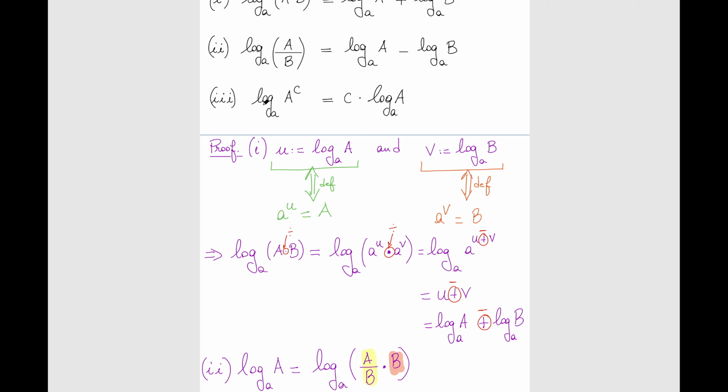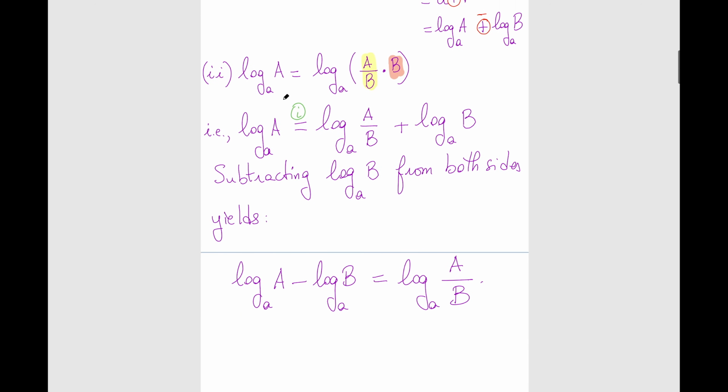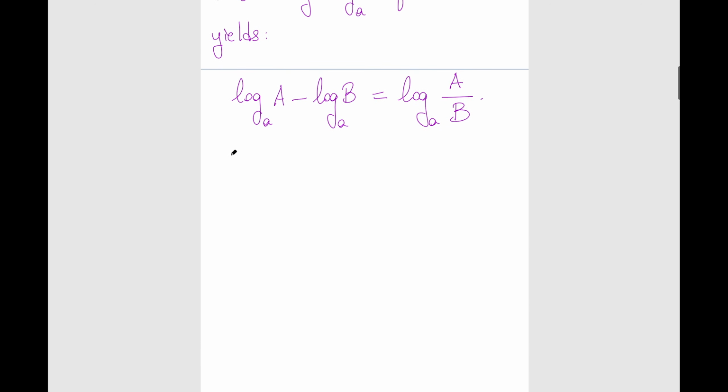Part 3, log base A of capital A to power C is equal to C. That power now comes down as a coefficient times log base A of the base. Okay, so let's show that. This is part 3.